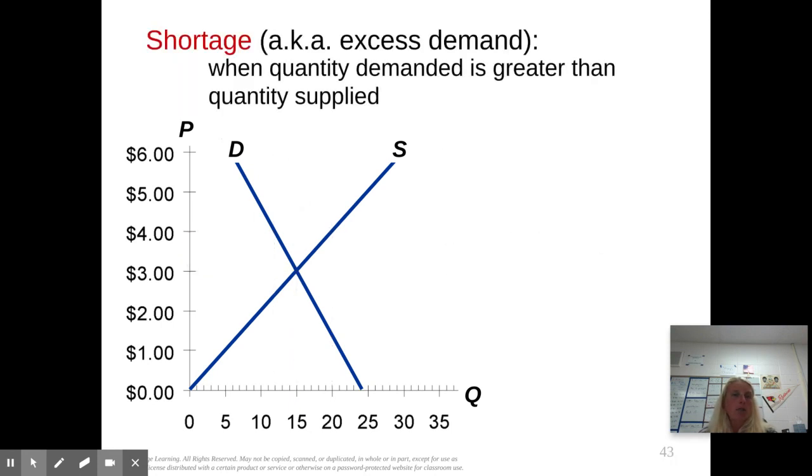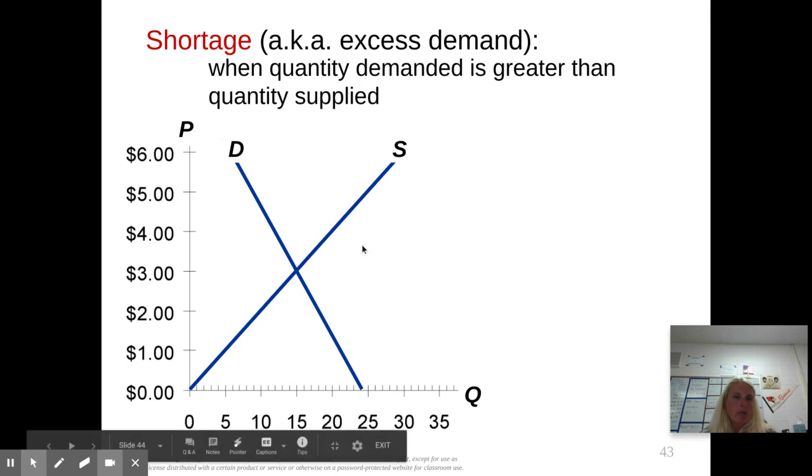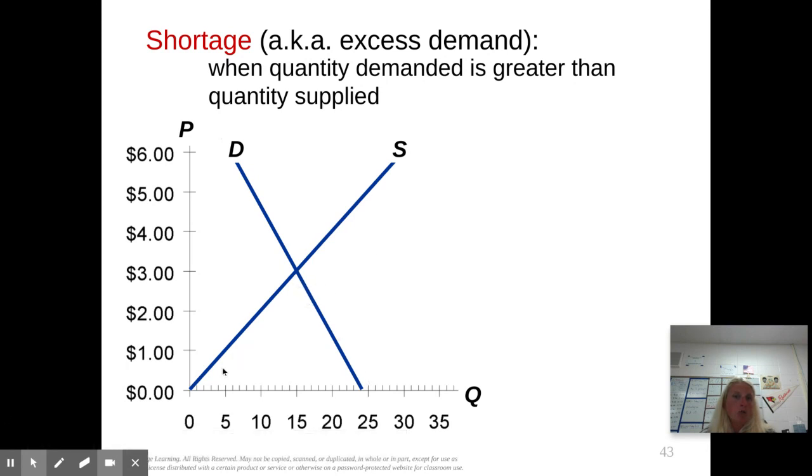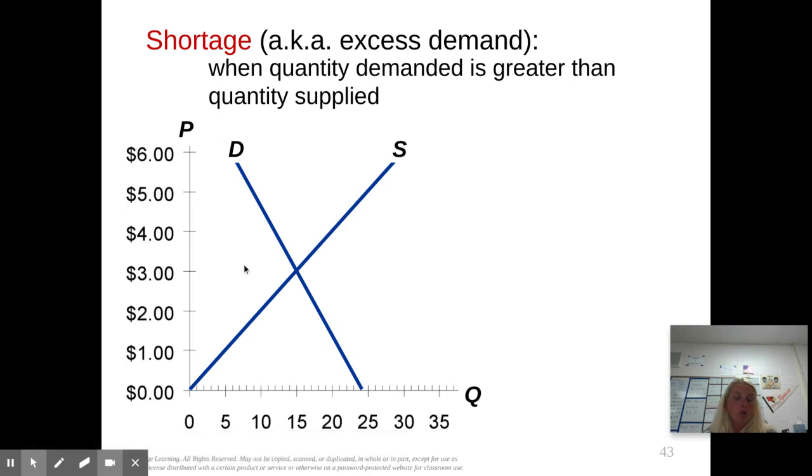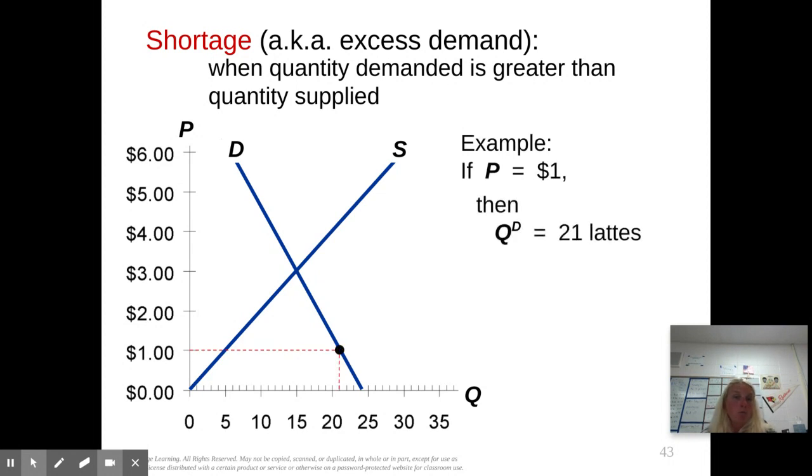All right, now let's say there's a shortage. That means that quantity demanded is greater than the actual quantity supplied. So there's more of us wanting stuff than there actually is. Any price point below equilibrium, you're going to have a shortage. So let's assume that the price is $1 for a latte. Woo, cheap coffee, yes.